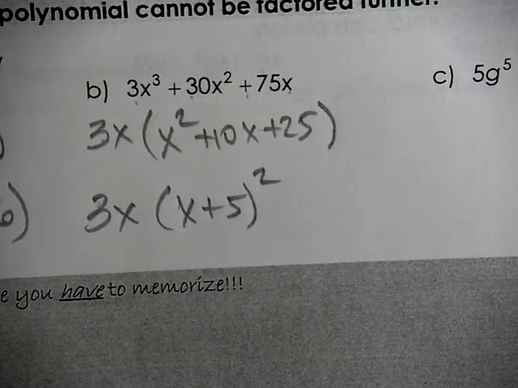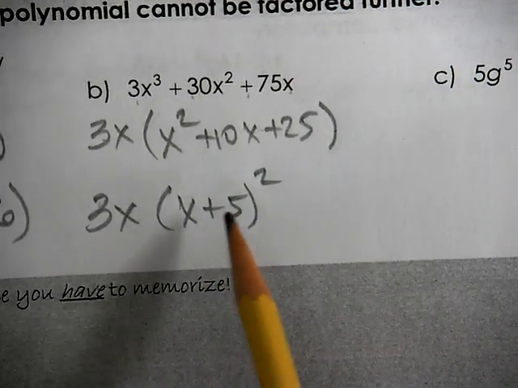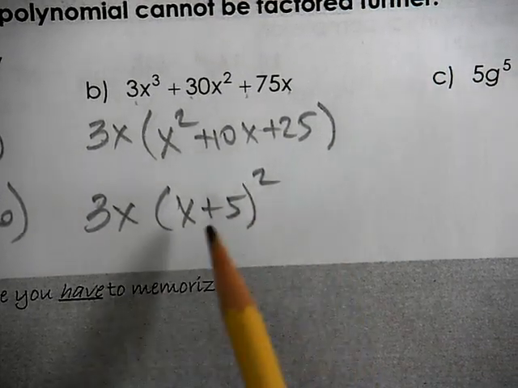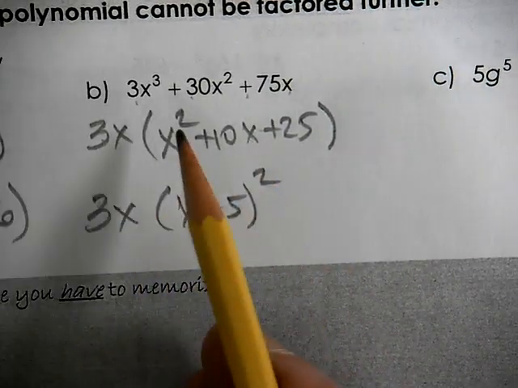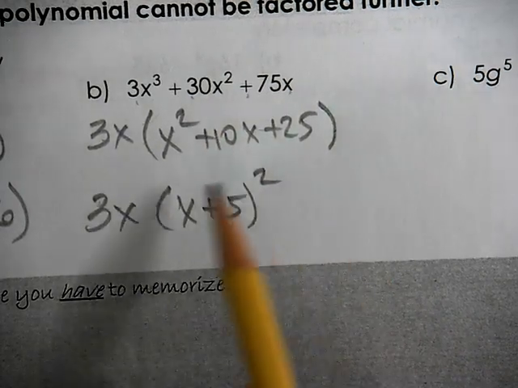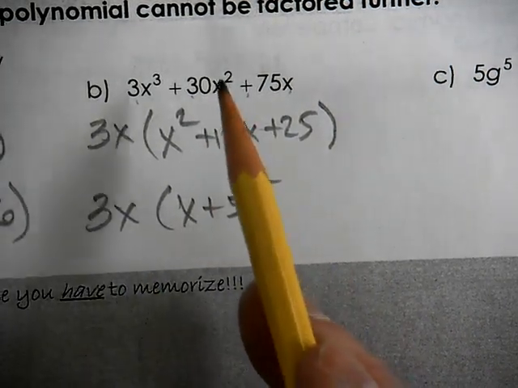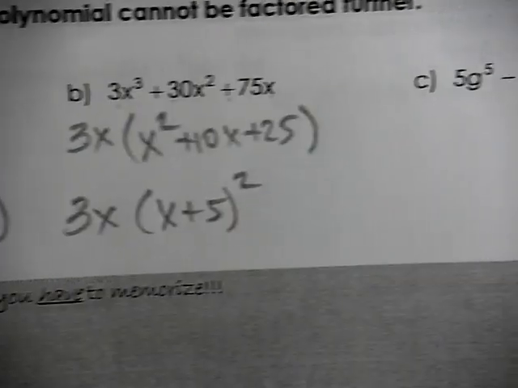That's fully factored. If you wanted to test it, you need to write this out twice, FOIL it together to make that, distribute it in to make that. You should be able to take your final answer and create the original question.